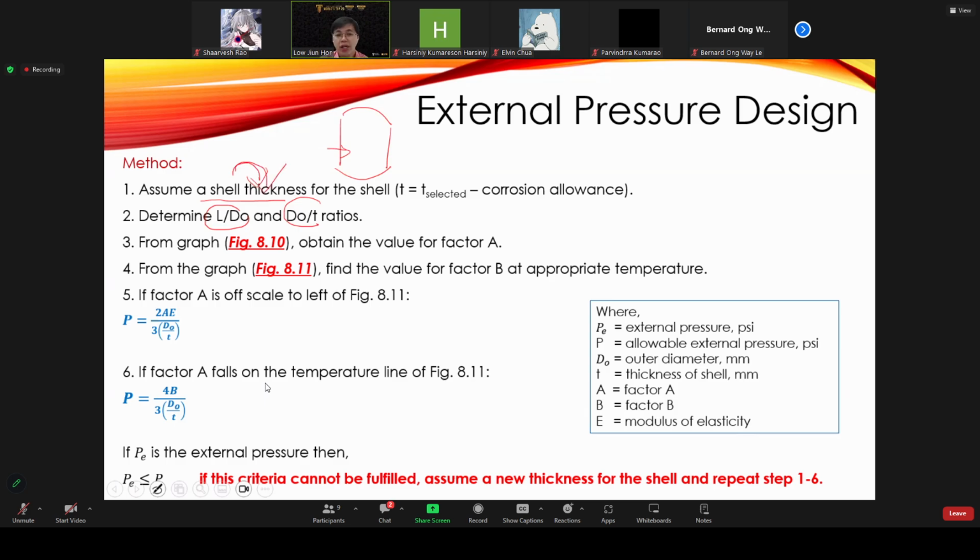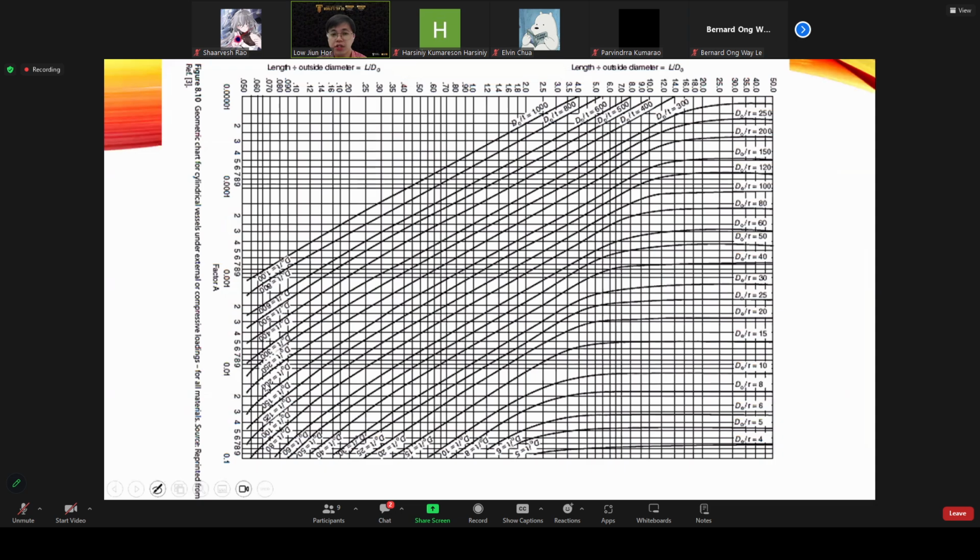Once you have calculated these two ratios, you need to determine factor A. What is factor A? Factor A can be obtained from figure 8.10. Where is figure 8.10? This one, figure 8.10.